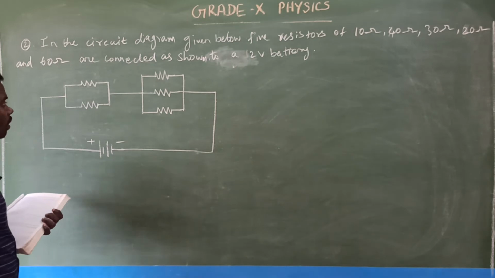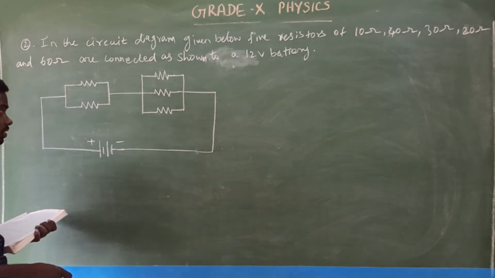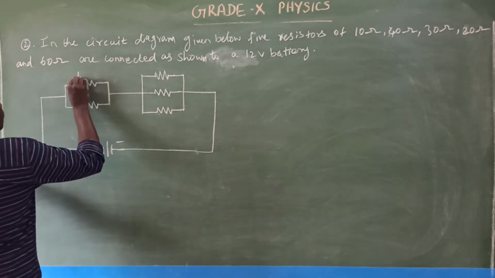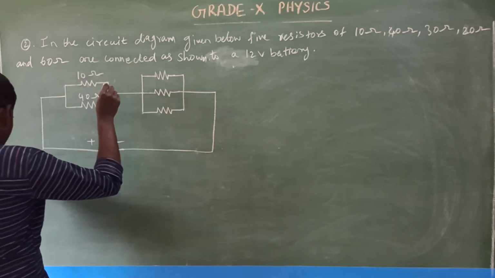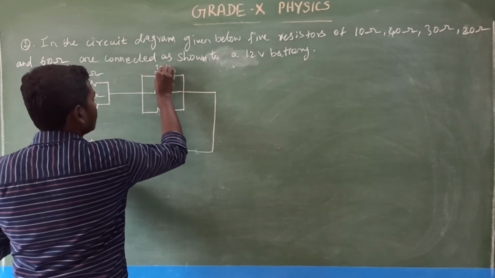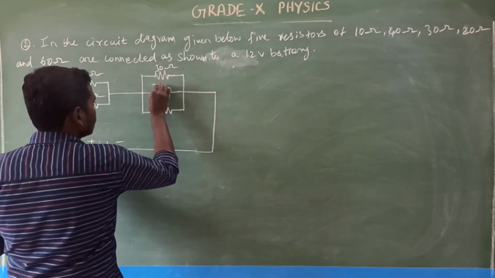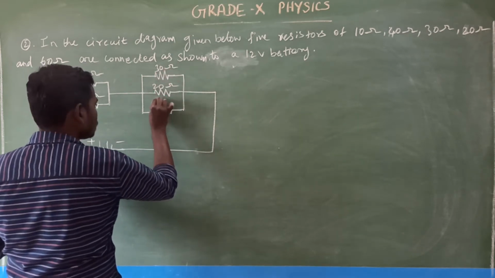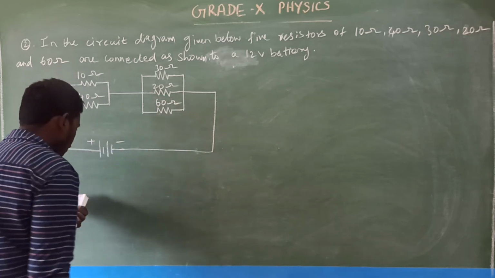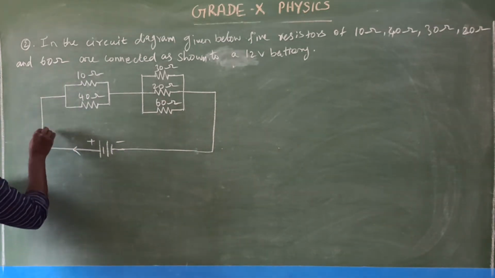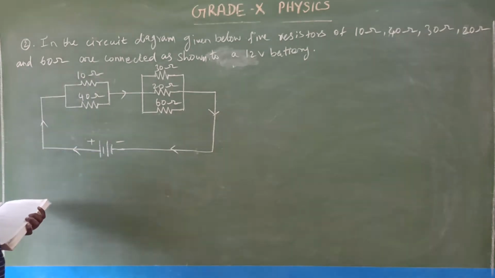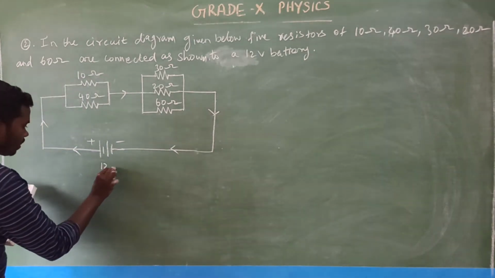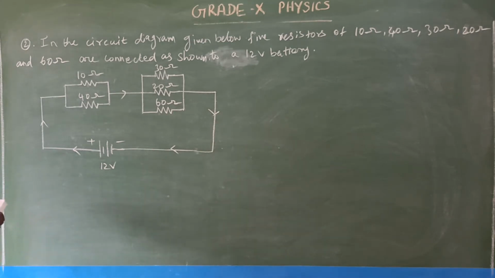So it looks very hard, am I right? Yes, it's not hard, very easy. Consider this is a 10 ohm resistor and this is a 40 ohm resistor, and first one 30 ohm and second 20 ohm and last one that is 60 ohm, isn't it? Yes. The current flowing path. It's a 12 volt battery. These are all resistors combination connected along with the 12 volt battery.